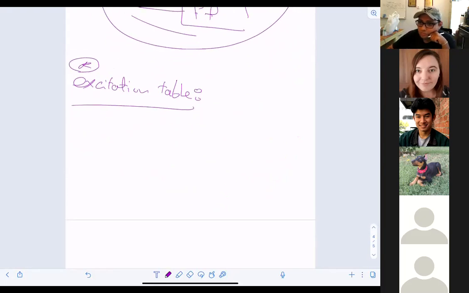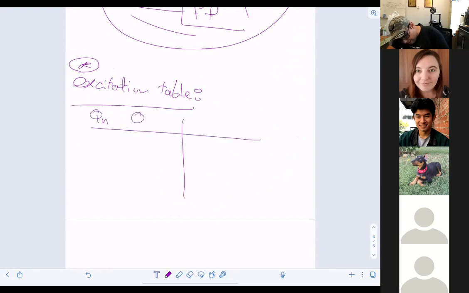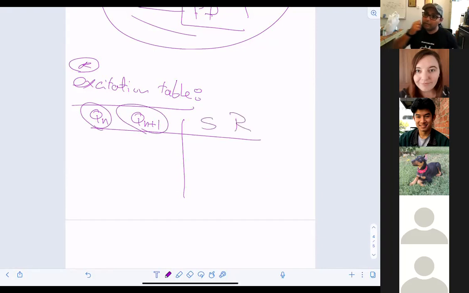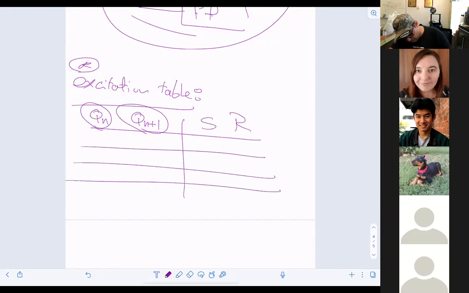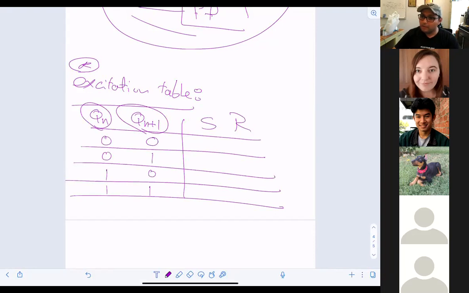It has the Qn and Qn plus 1, that means the present and the next state. And I'm getting the S and R as my output for this case. This table is covering how many states? 4 states. So it's gonna be 1, 2, 3, 4, right? So 0, 1, 0, 1, 0, 0, 1, 1. So far, so good?